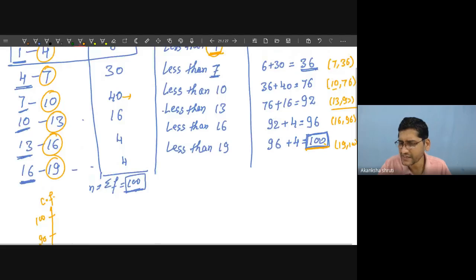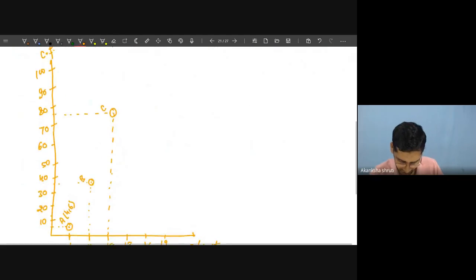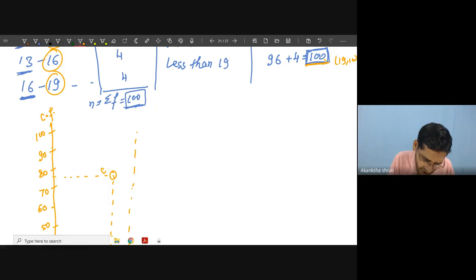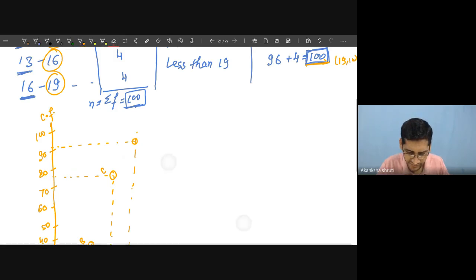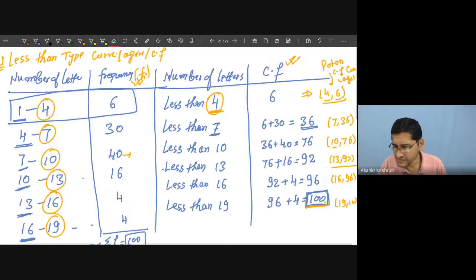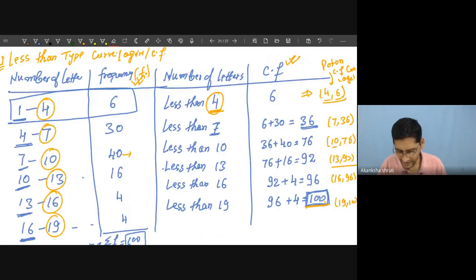For 13, it is our 92. So from 13, you have to move sharply upward, and you have to stop at 92. It is this point.